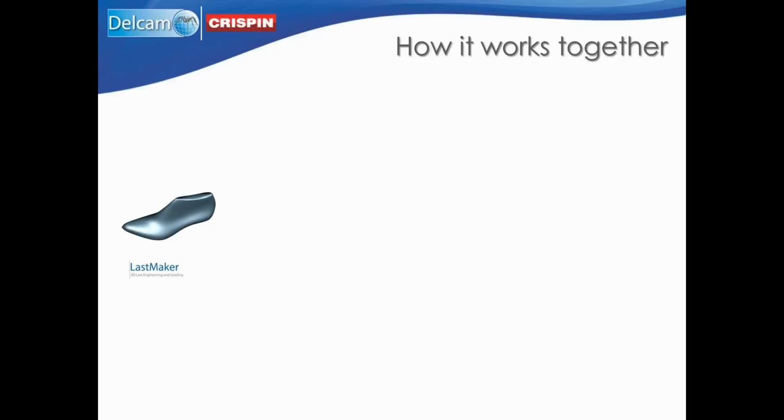Now, once you've created your 3D last, you can easily import it into Delcam CRISPin ShoeMaker or ShoeMaker Pro, where you can create a 3D design. It's likely that your designers usually provide sketches produced by hand or in a 2D design package such as Adobe Illustrator. To make creating your 3D design as quick and easy as possible, ShoeMaker allows you to easily wrap a 2D JPEG or Adobe Illustrator file onto the surface of the last.